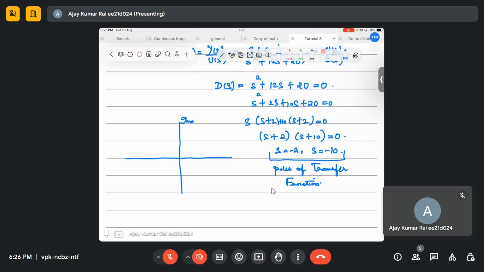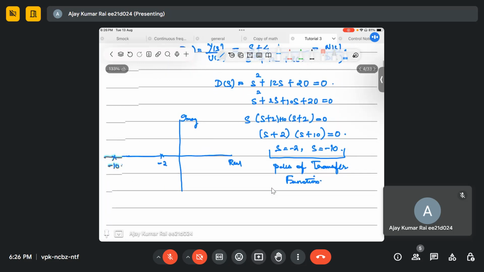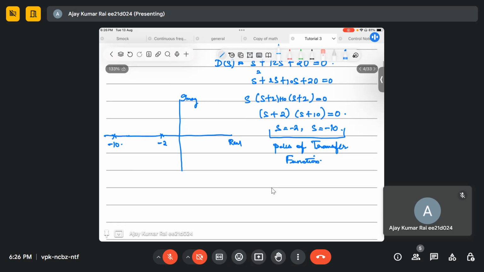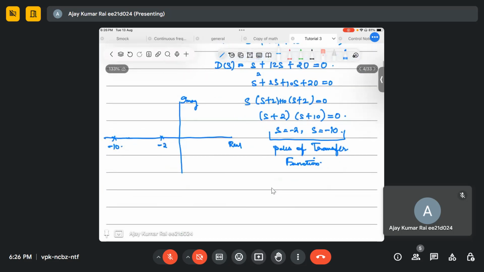This is imaginary and this is real. Minus 2 is here, and this is minus 10, and this is the origin. Just by looking at this transfer function, can you tell me which is the dominant pole? Out of minus 2 and minus 10, which is the dominant pole?